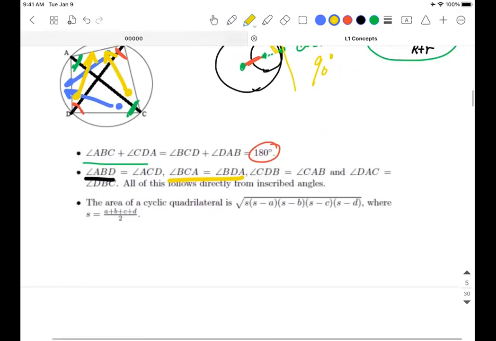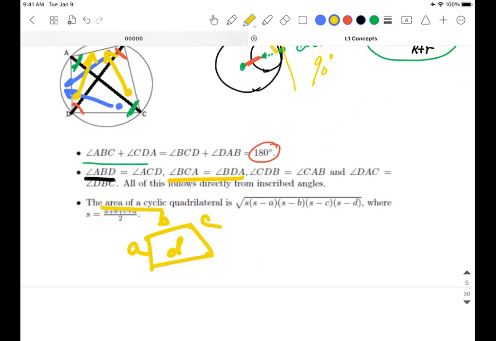The next one is the area of a cyclic quadrilateral. A quadrilateral has four sides, and normally speaking, you won't be able to determine the area from the sides alone. However, if this is a cyclic quadrilateral, you can determine the area right away by using such a formula.